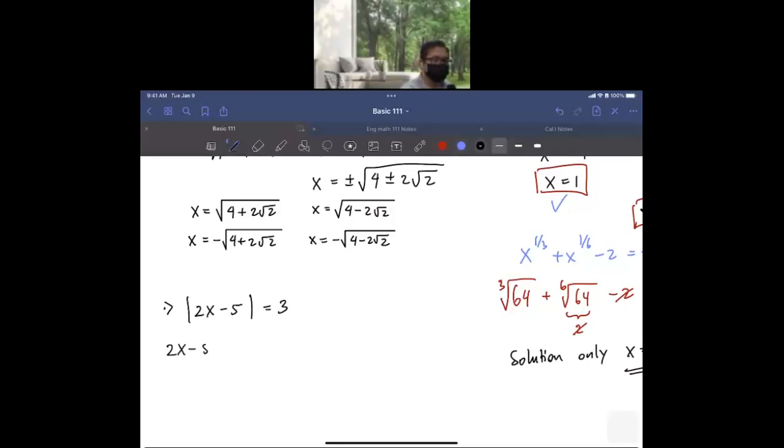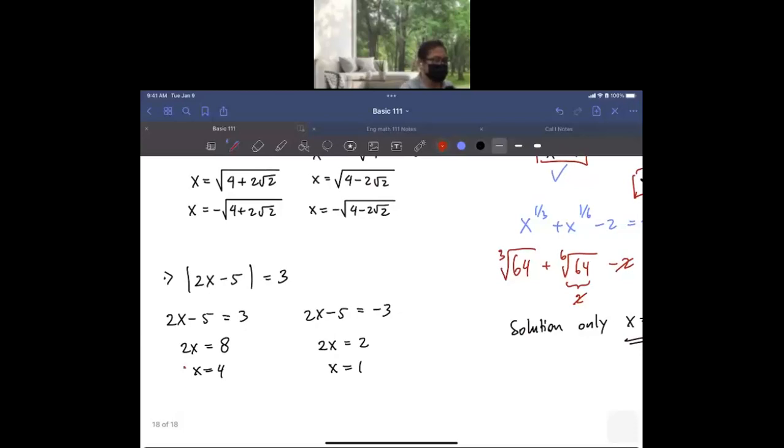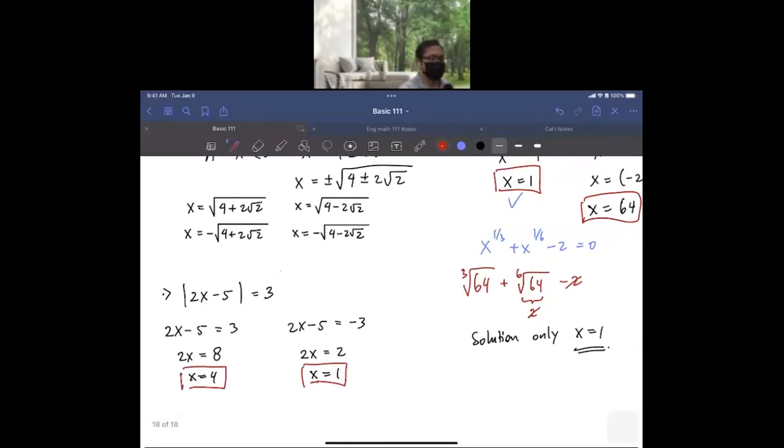In our case here, we can write down that we can have 2x minus 5 equal 3 or 2x minus 5 equal negative 3. And in both expressions, we can find each solution. Both solutions are correct if you check through the equations. So solutions are x equal 4 and x equal 1.